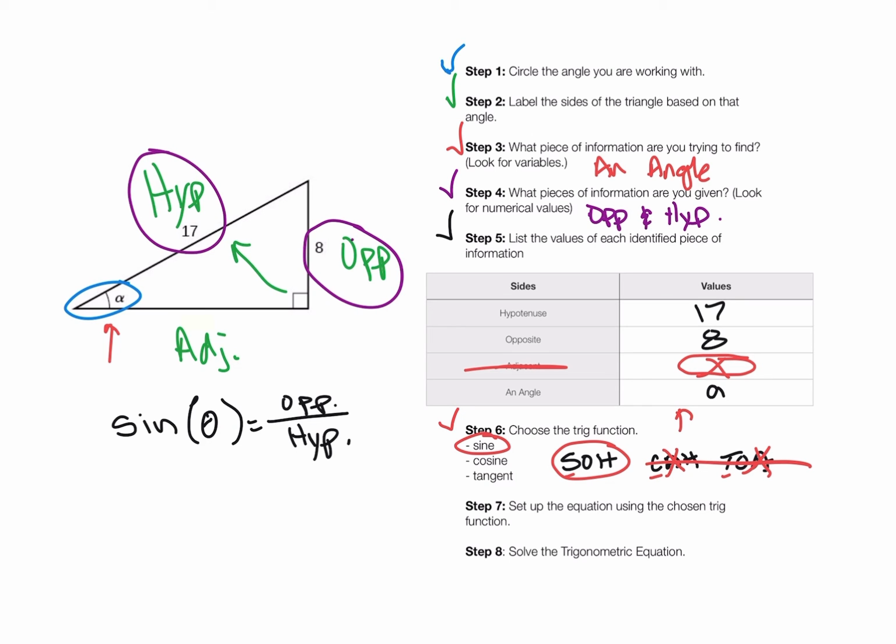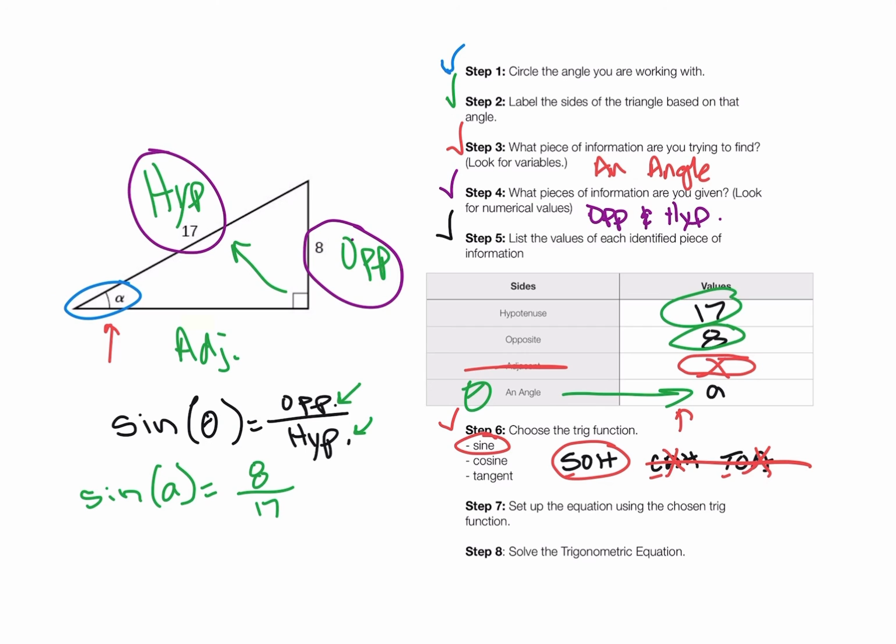So we know sine of theta. Remember that theta is an angle. And for our purposes, the angle is a variable, a. So I'm going to write that as sine of a is equal to the opposite value, which is 8, over the hypotenuse value, which is 17.